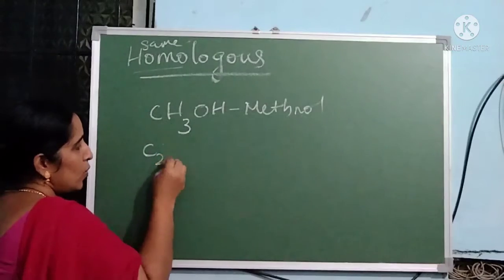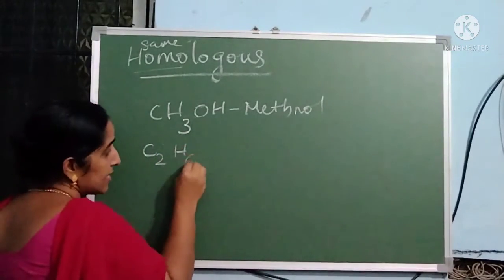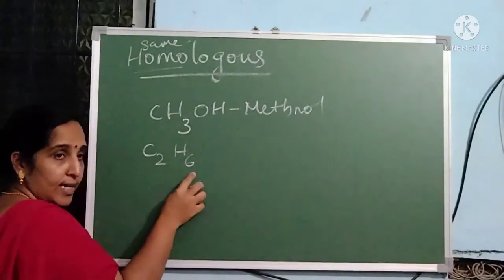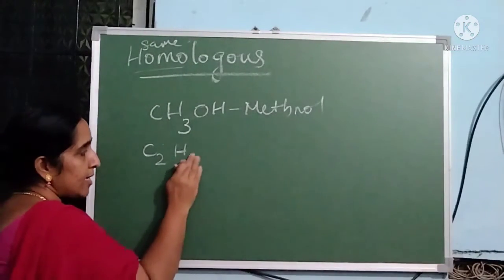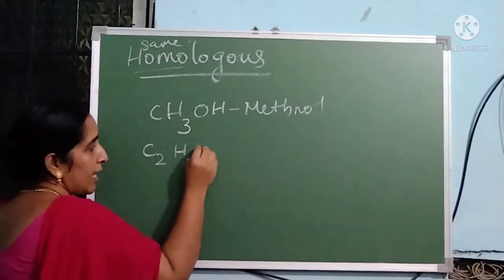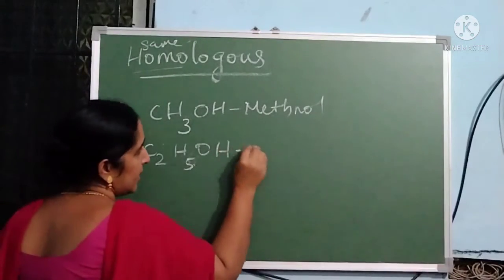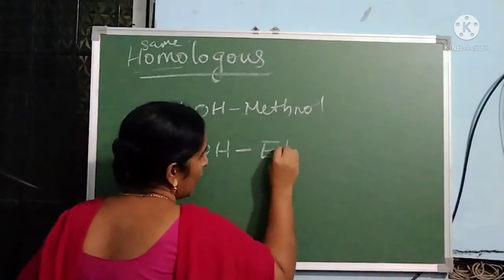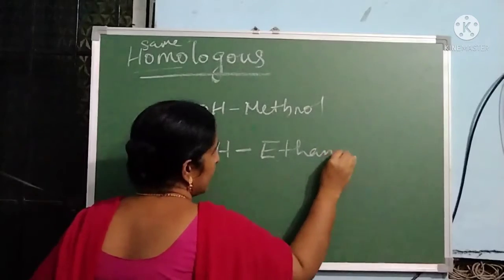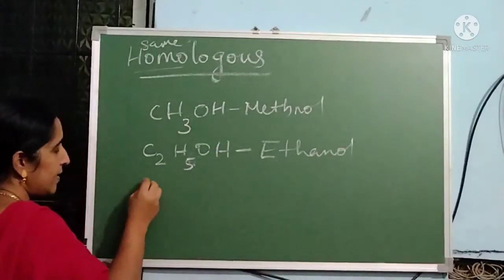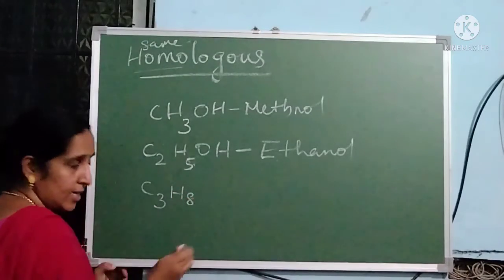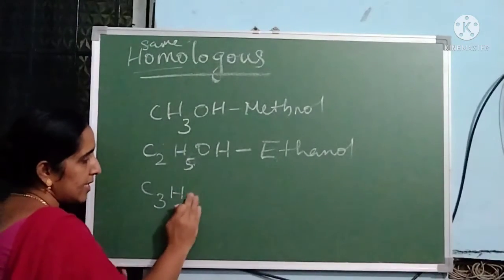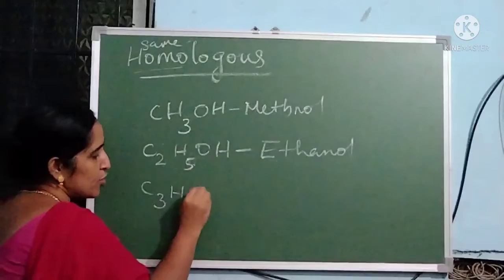Then C2H5OH. This is called ethanol. Here I am also replacing the hydrogen atom by a functional group, the OH group. Then its name is ethanol. Then next one, C3H7OH. Here I am also replacing the hydrogen atom by the OH group.